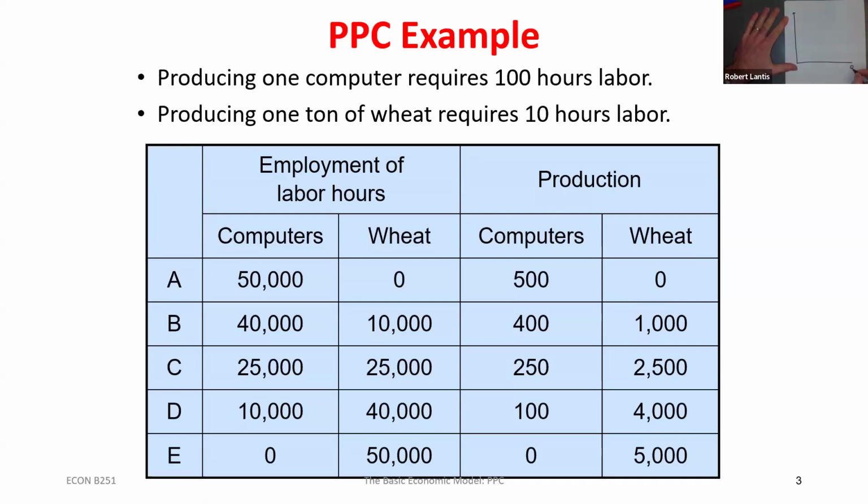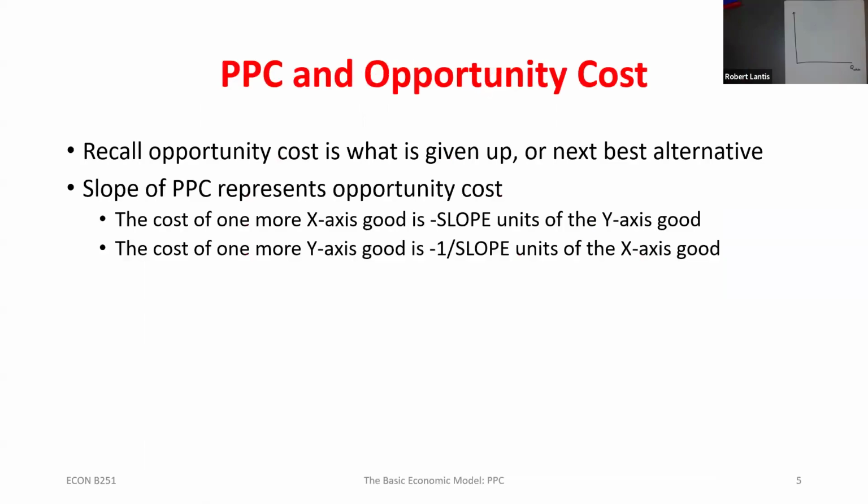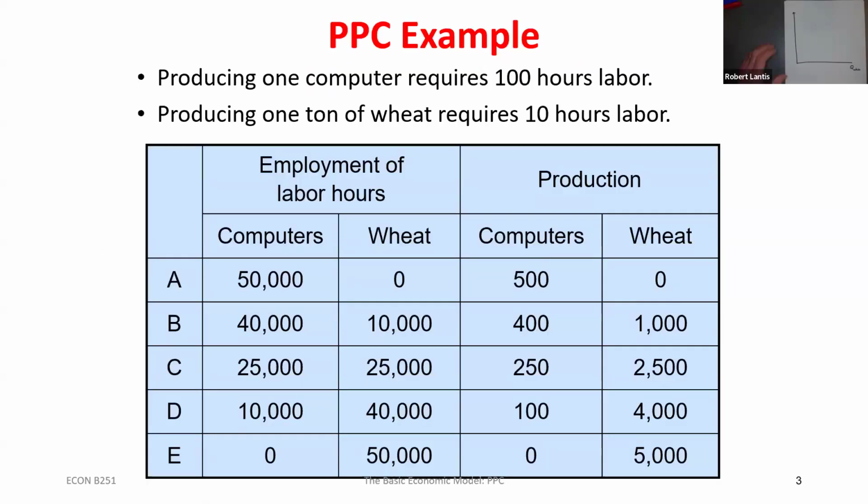So let's think about here. If I were to graph this out, I think this is how I have it. Well, it doesn't really matter. I'll make it easier for us later on.